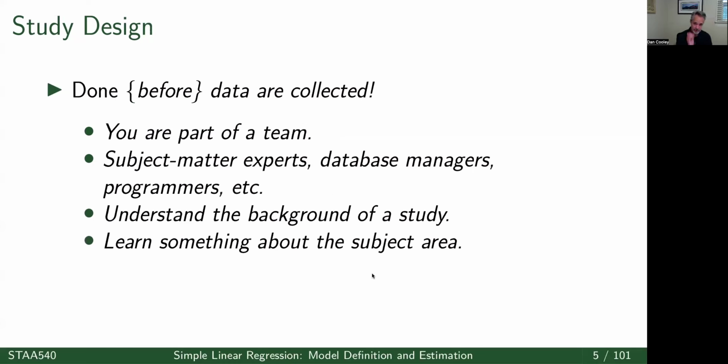And so as a practicing statistician, you're part of a team. There is a question that needs to be studied. It might be, is this drug effective at treating schizophrenia? It could be, do we have evidence that climate change is affecting the tree growth in Rocky Mountain National Park?